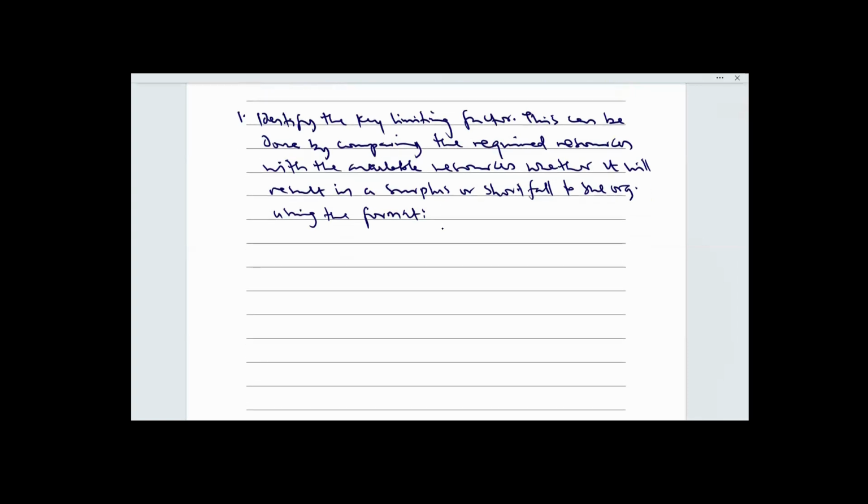The heading of the format is confirmation of insufficiency in key factor. Like I said, the key factor is that resource that is limited in supply.